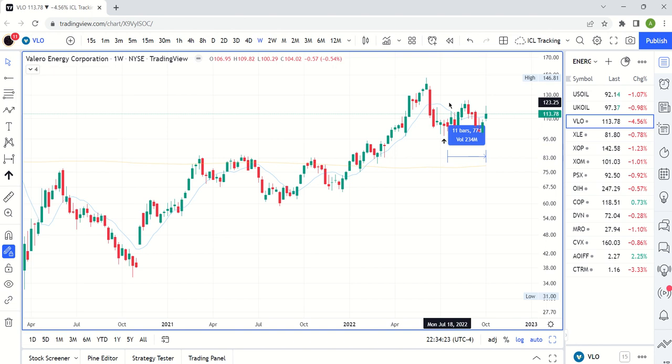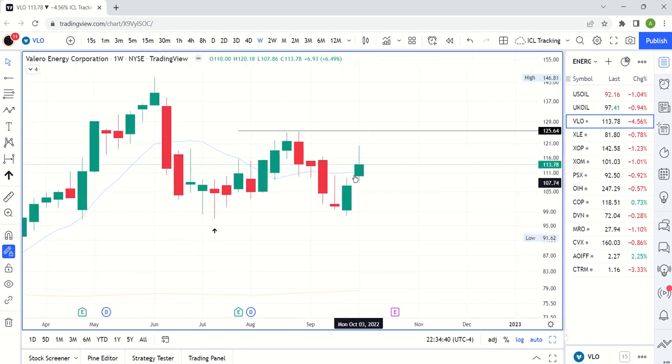But you would expect we're going to come in and try to test this level here, that 125, and we're sitting here below 114. So that's a nice range. And there certainly are options within here to risk, in terms of risk reward for your stop loss.